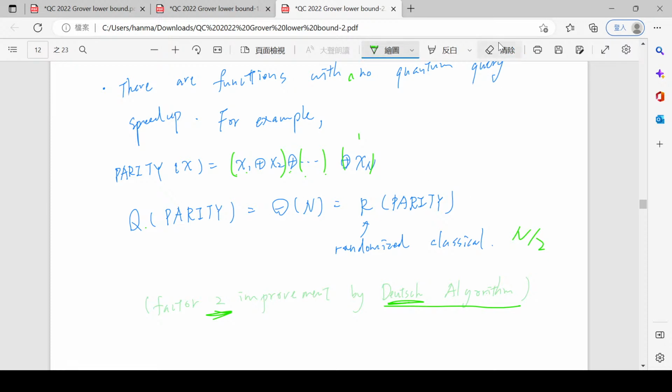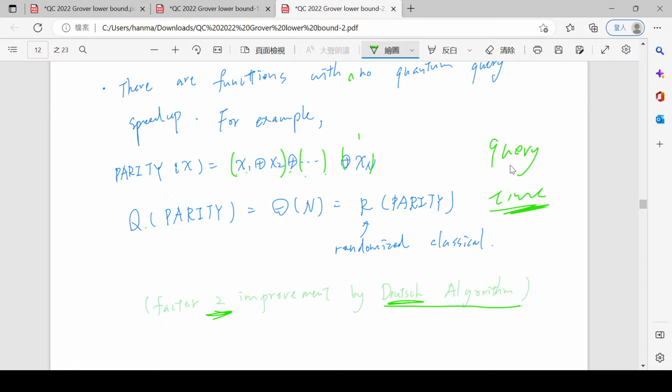So the quantum query complexity of all different functions is a very interesting problem to study. You need to remember we are computing query complexity, and there is a difference between query complexity and time complexity. Time complexity is the thing we actually want.